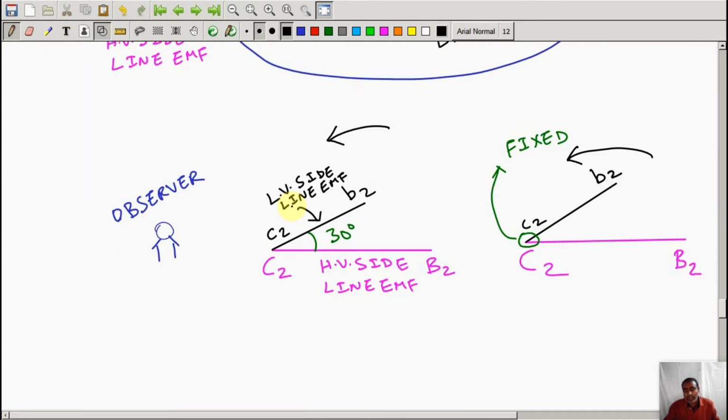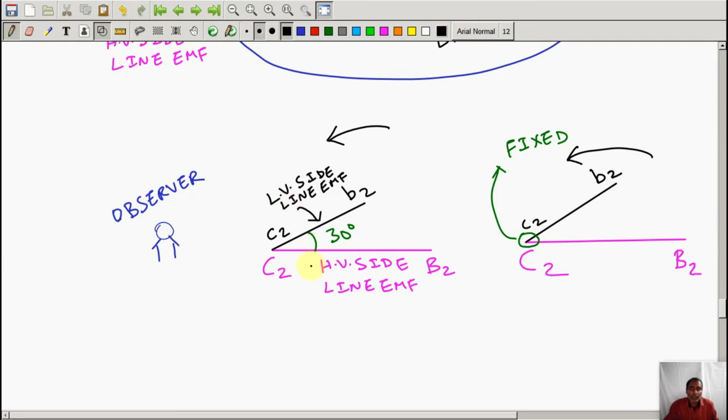Usually the polarity markings are mentioned on the transformer nameplate, like capital A1, capital B1, capital C1 will have the same polarity because all of them have suffix 1, and likewise small a1, small b1, small c1 will have the same polarity.